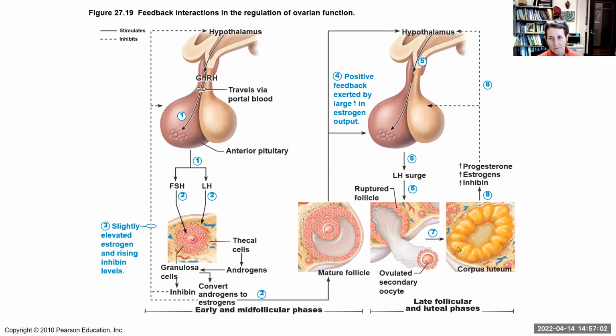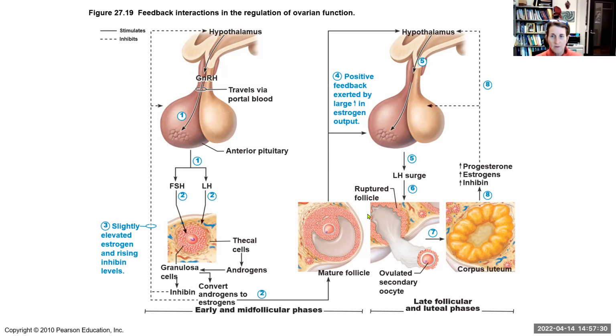Meet the corpus luteum. Luteum means yellow. Corpus means body. It's the yellow body. It makes a yellow pigment. I don't know what makes the yellow pigment, but I do know it's yellow, and that's how it got its name. Where did it come from? Well, you'll notice not all of the follicular cells leave with the oocyte, the ovum that's been ovulated.